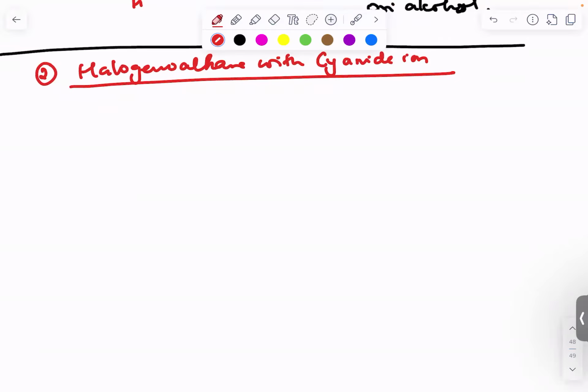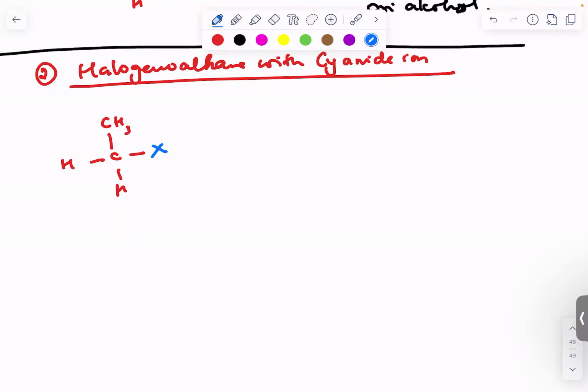So again, Bete, I'm going to take halogenoalkane, CH3CH2X, and again this time. Now, do you want me to do it in a generic form or should I write cyanide? Tell me, please, what to do. You can write cyanide ion. Okay, fine. So I'm putting X here, right? You can take it as chlorine, bromine, iodine, whatever the case may be.